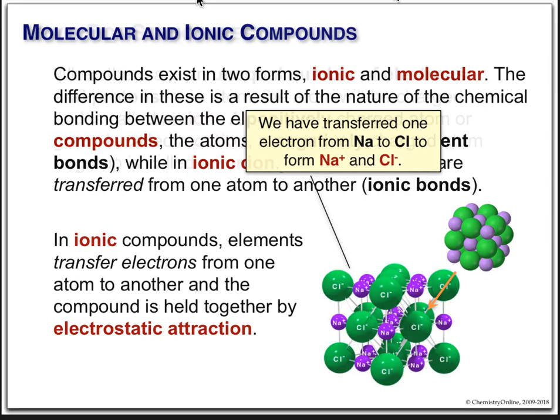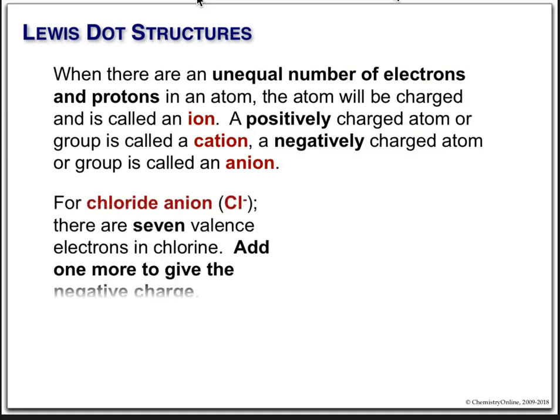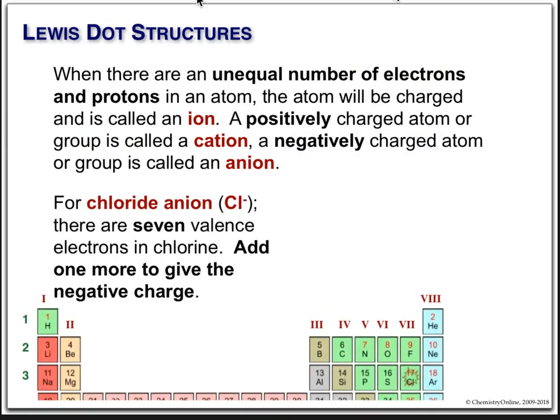Now when we did Lewis structures, we talked about how we made an ion, just for review. Remember, in a Lewis structure, for something like chlorine, chlorine is in the 7th group of our periodic table, so we know it's going to have 7 valence electrons.